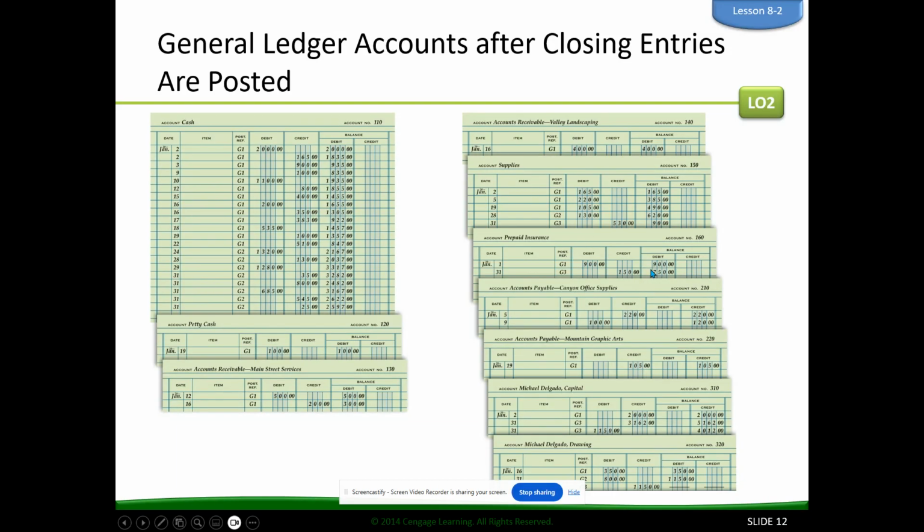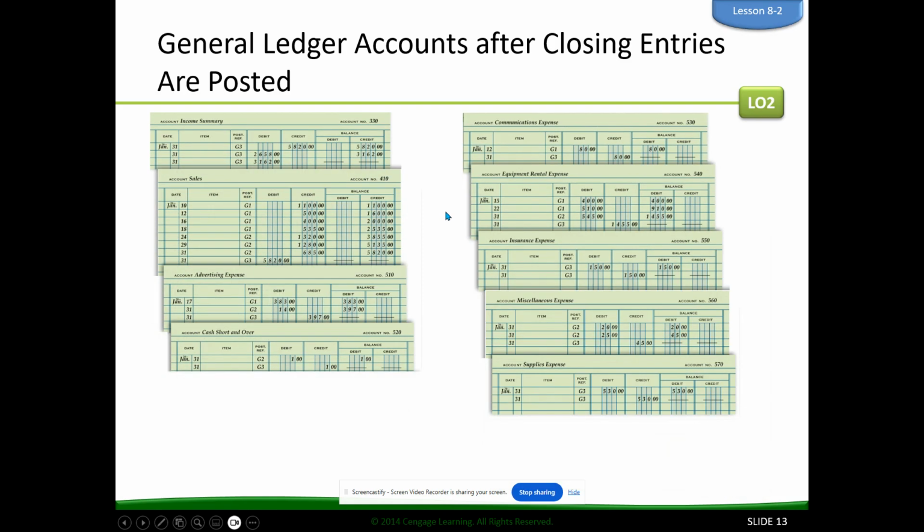All of my assets still have a balance. My liabilities, my accounts payable still have a balance. My capital still has a balance. But notice my drawing now has a 0 balance. My income summary has a 0 balance.